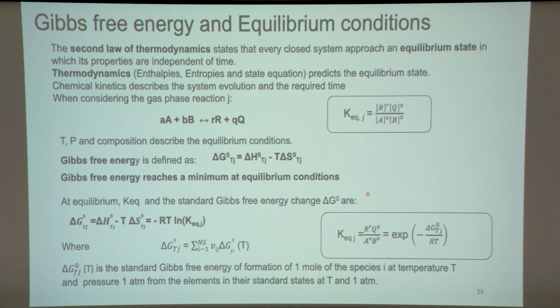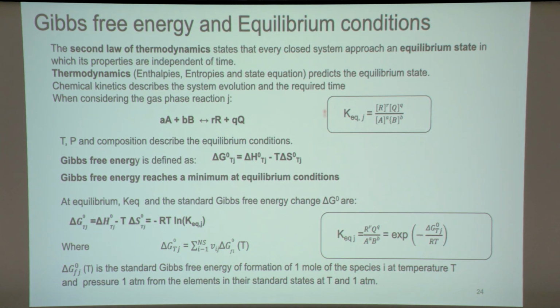The Gibbs free energy of reaction says that for some system, let's say a reactant A plus B going to R plus Q with some stoichiometric coefficients, lowercase a, lowercase b, lowercase r, and lowercase q, the equilibrium will be determined by minimization of the Gibbs free energy of the system. And this minimization of the Gibbs free energy is described by the change in the Gibbs free energy of the reactants and the products, and that's simply the change in the heats of formation, minus T times the change in the entropy of formation of the molecules.